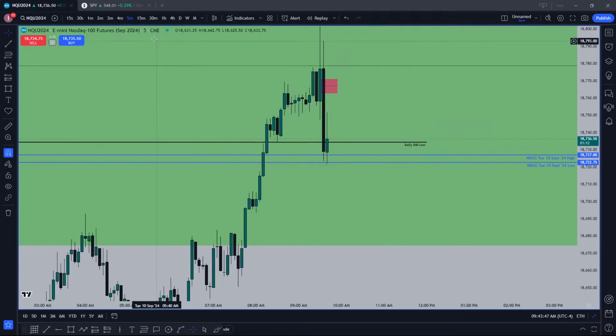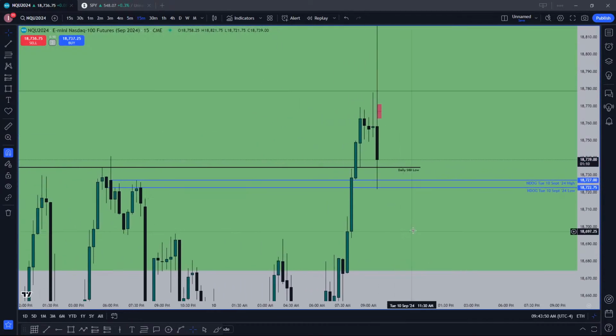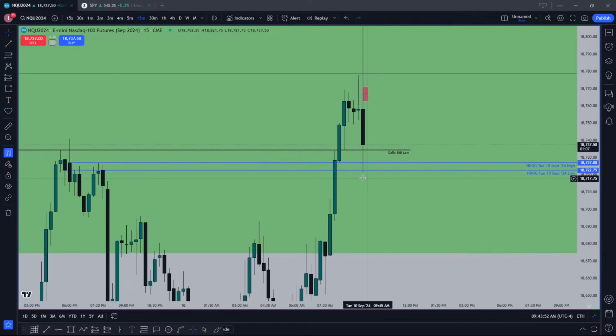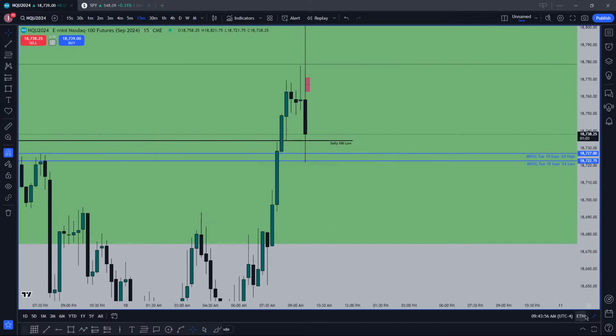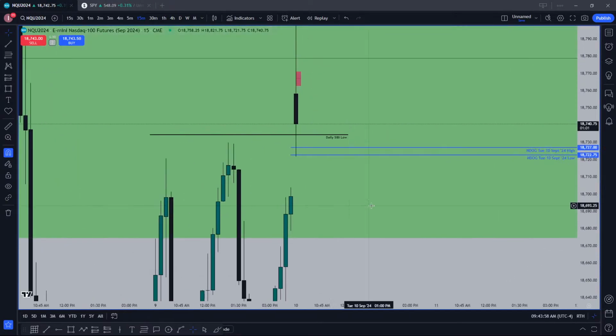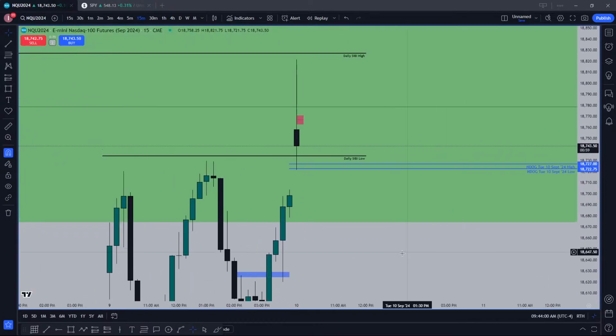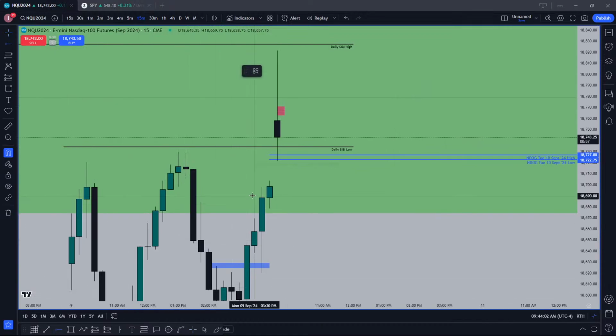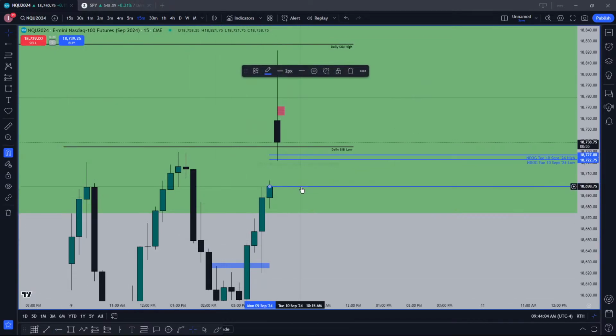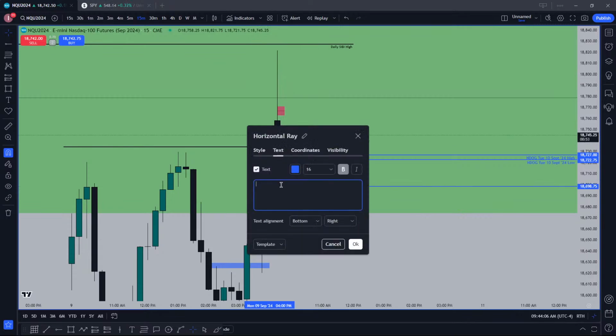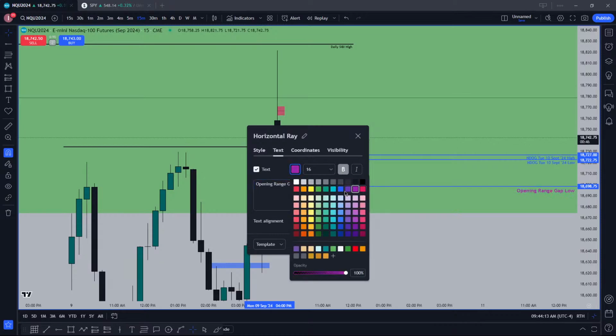So on the 15-minute, you can see that we are back into this new opening gap. I want to see if this is going to be held as resistance or if it's going to be pushed through. Really quickly, let's move into the regular trading hours and let's delineate the opening range gap low. Let's make this a pink or purple actually.